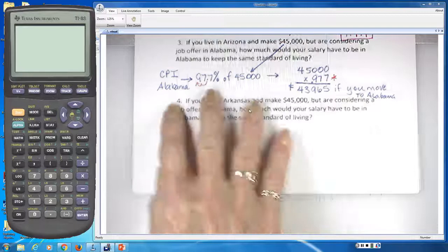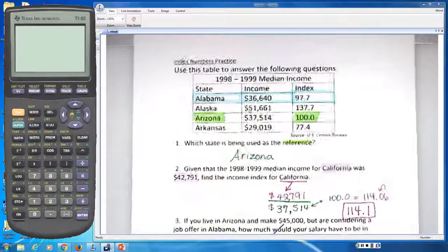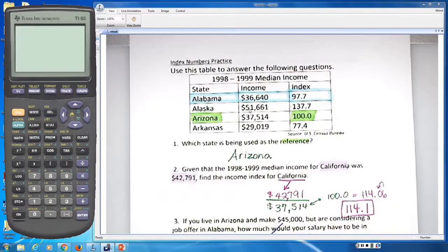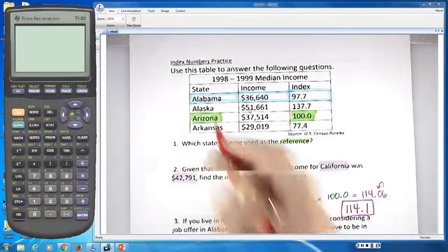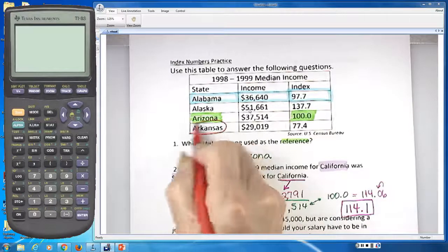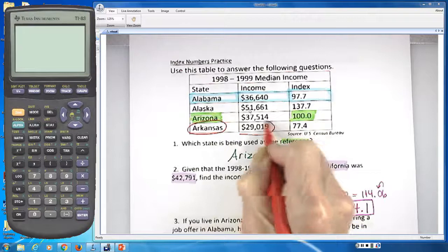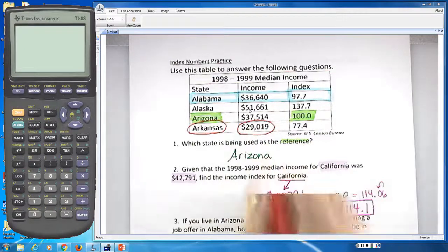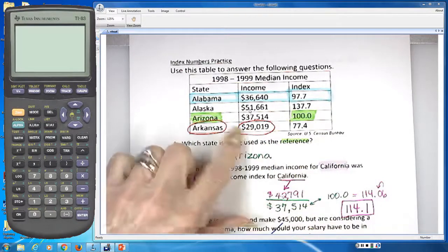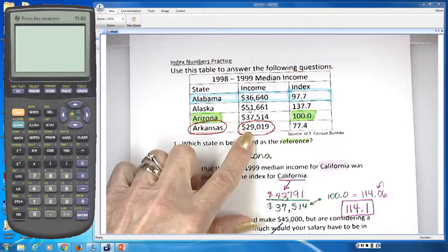Let's go back and look at the table. You live here. You make this much money. I thought it said you made a different amount in the problem. Okay, but we're treating, you live here, we're treating this as one.